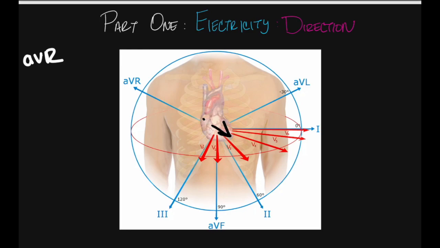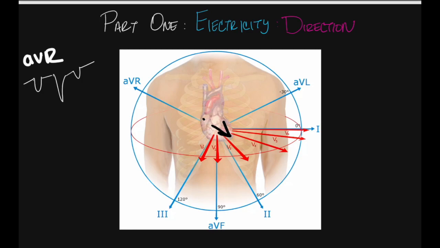Well, since the atrial activity moves away from AVR, we would expect a negative P wave. And since that ventricular activity is also moving away from AVR, we would expect a negative complex. And since most of the 12 lead is concordant, a negative complex equals a negative T wave.